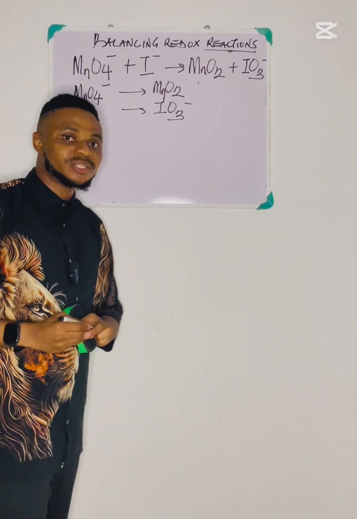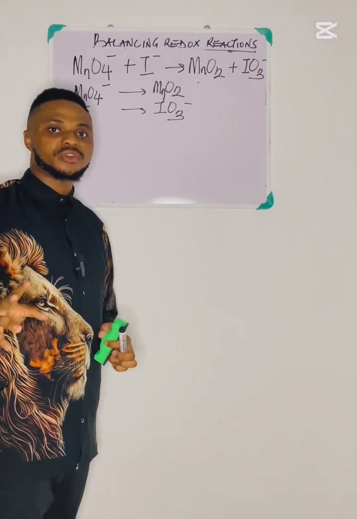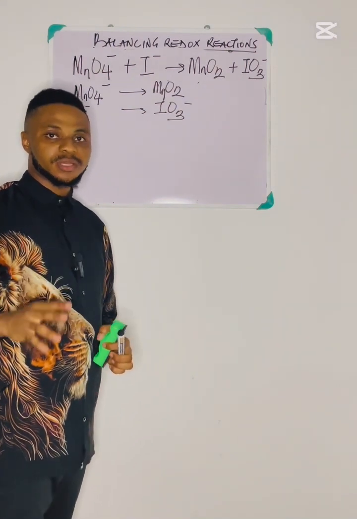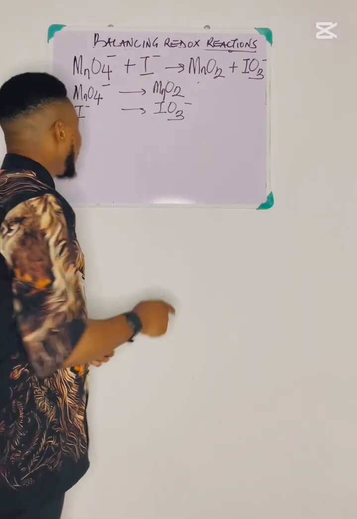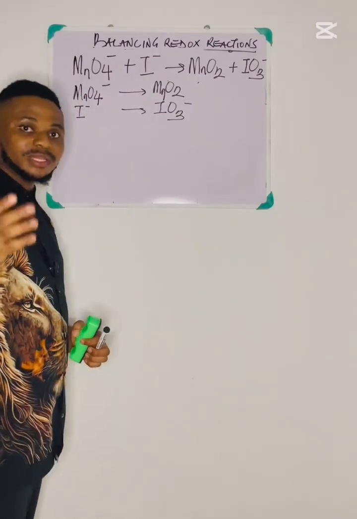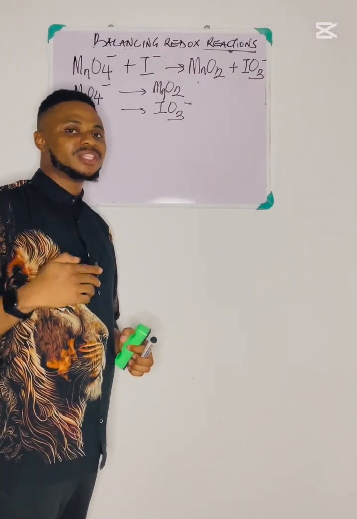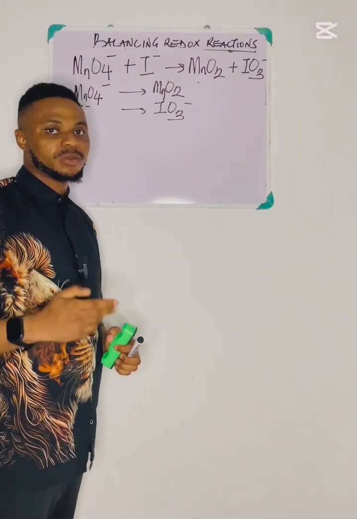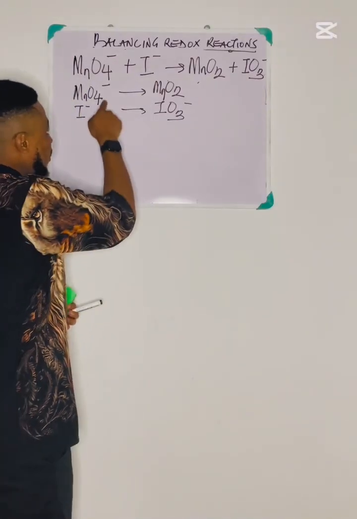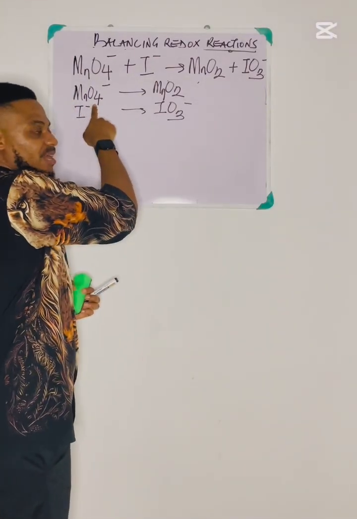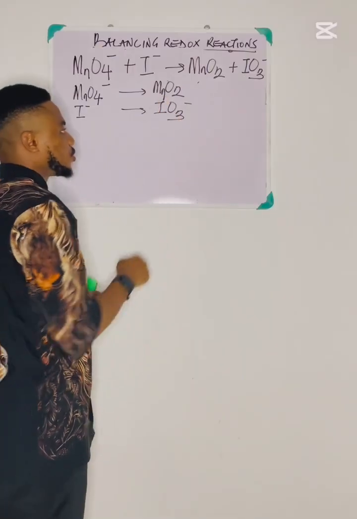And remember, I told you that of these two half cell equations, one will be the oxidation reaction and the other would be the reduction reaction. Now let us look at which one is oxidation and which is reduction. I said that oxidation is the addition of oxygen, while reduction is the removal of oxygen. So let us check this first reaction. Here we had four oxygen, here we have two.